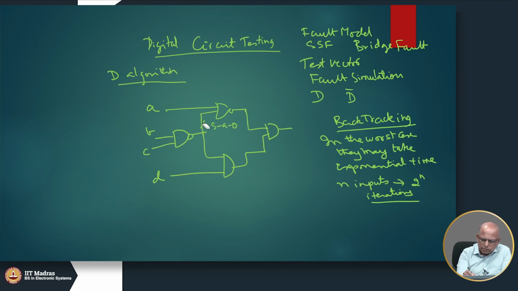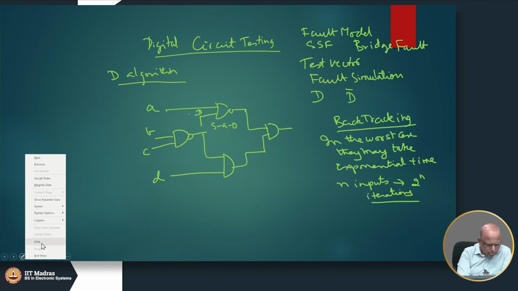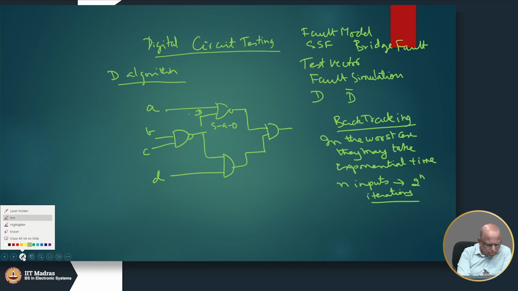So, you can think of this as a D appears on this line, and on the same line in the reverse direction a 1 appears.